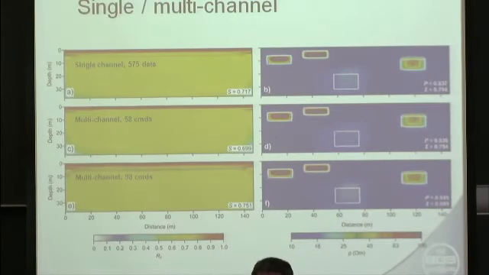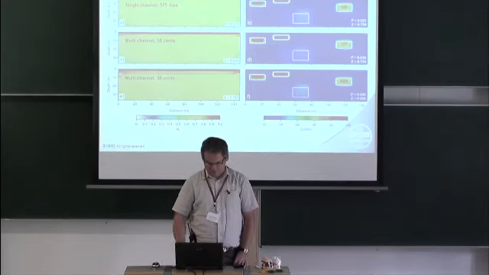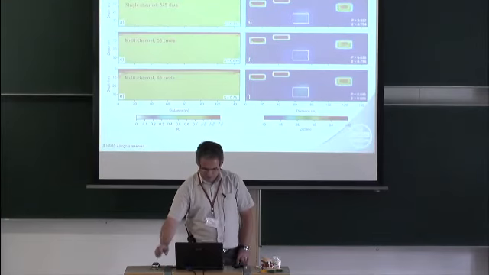So let's have a look at the results of the multi-channel algorithm. We're going to compare this with a single channel to start with. Now, there's more constraints on the multi-channel selection process, so we wouldn't expect it to do quite as well as the single channel, and it doesn't, but it's not far off.